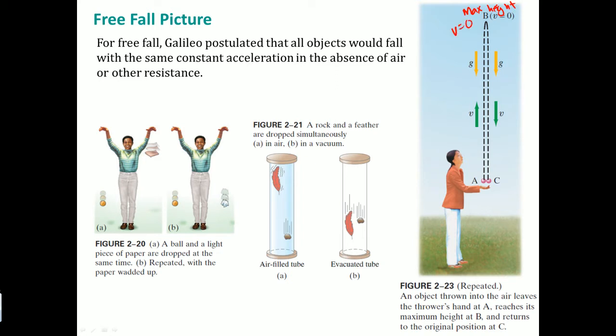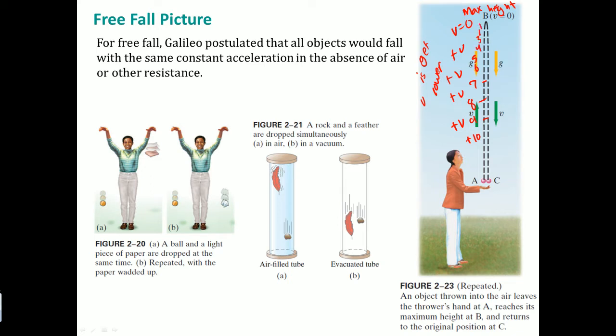The reason v equals 0 there is because so far it has positive v, positive v, positive v, but v is getting lower as it's going up. The reason v is getting lower as it goes up is because gravity is pulling down. Let's say this is positive 10, then 9, 8, 7, 6, 5, 4, 3, 2, 1.